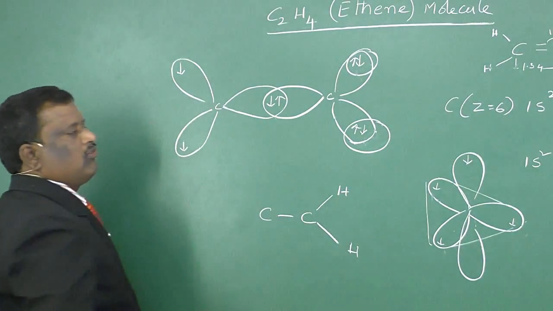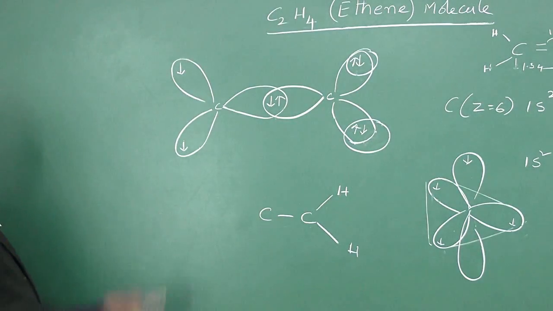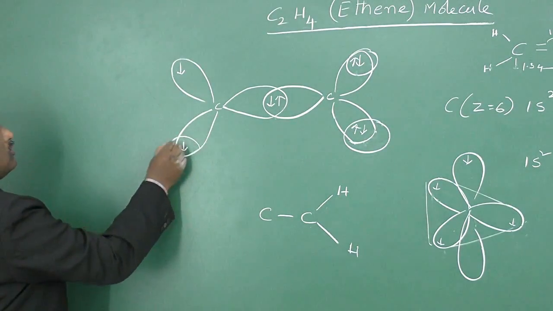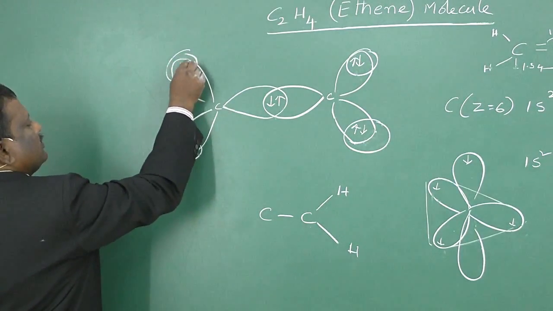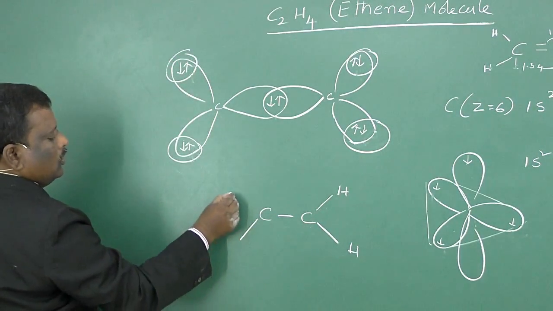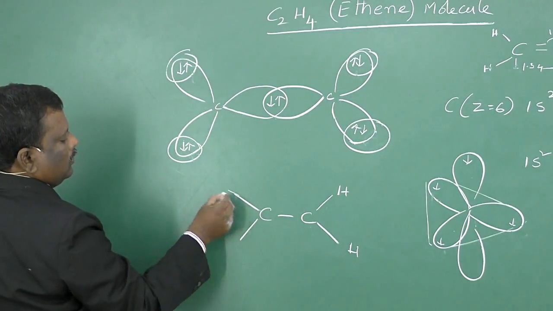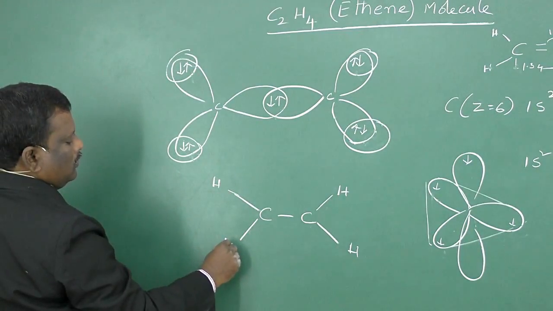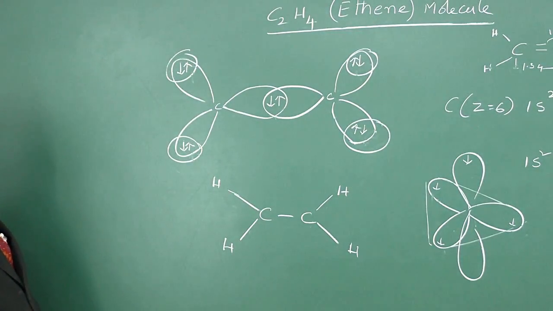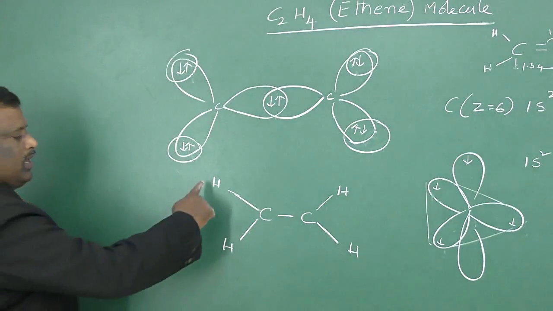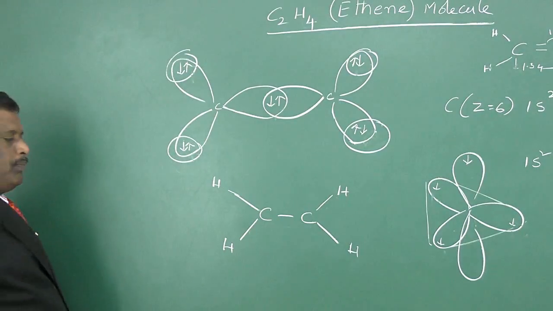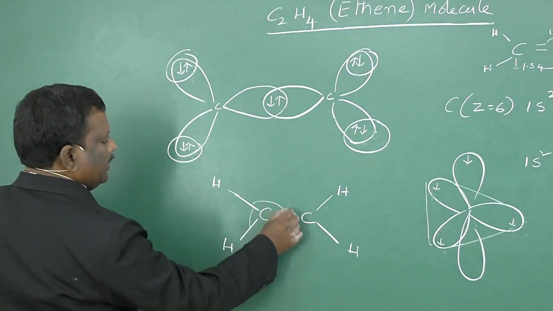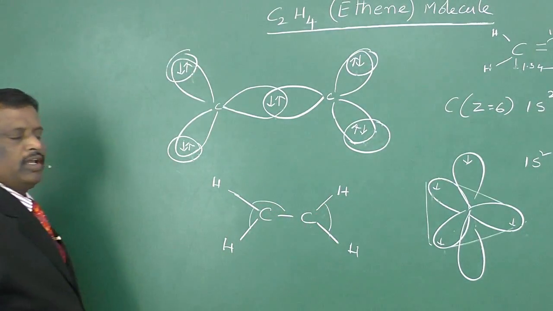Such 2 bonds are formed. This carbon will also form 2 sigma bonds with 2 hydrogen atoms, so that here also you will have 2 C-H sigma bonds, so that you will have CH2. The bond angles are 120 degrees.